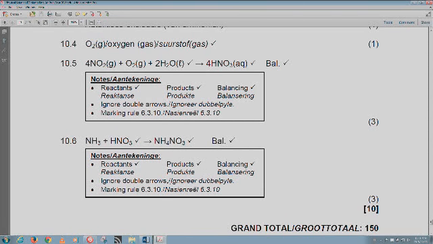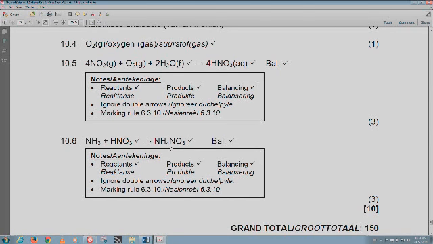And then you may ignore if the learner writes a double arrow there, and then marking rule 6.3.10 applies there, where the reactants and the products, for you to be able to mark them, there must be an arrow there.